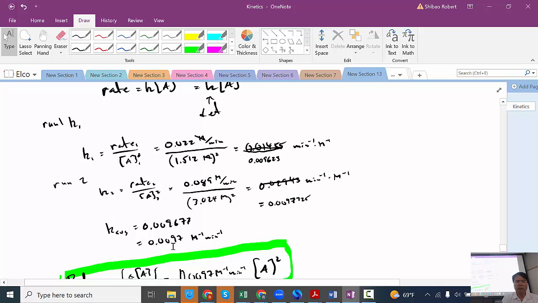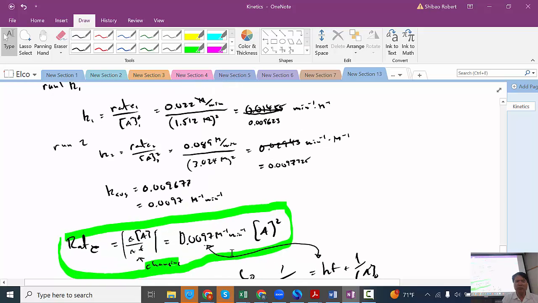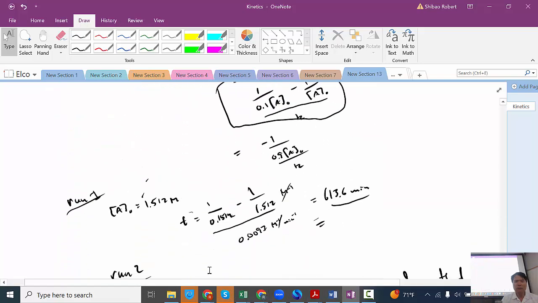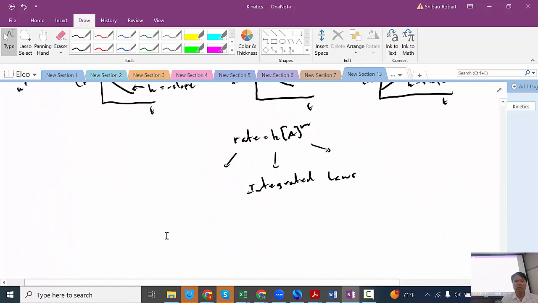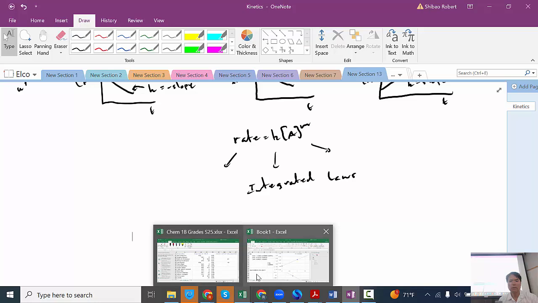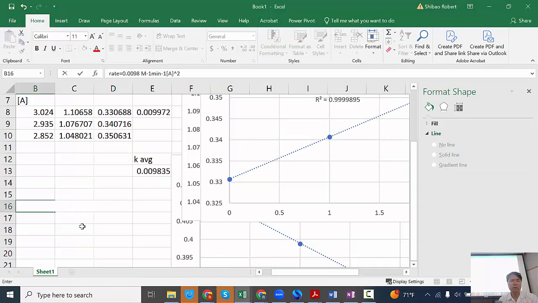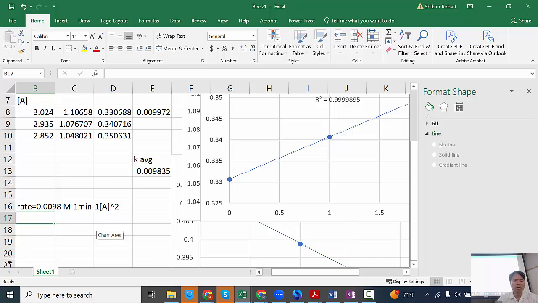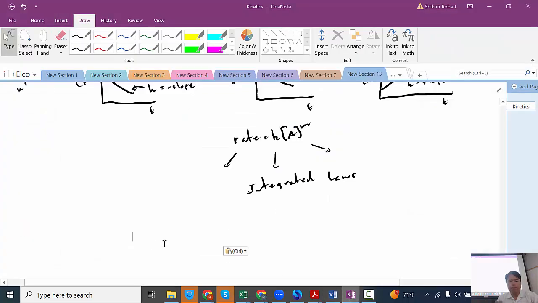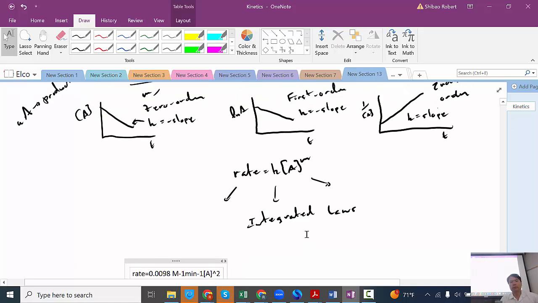We got 0.097 for the K value in second order, 0.097. For this analysis, 0.0098, pretty close.